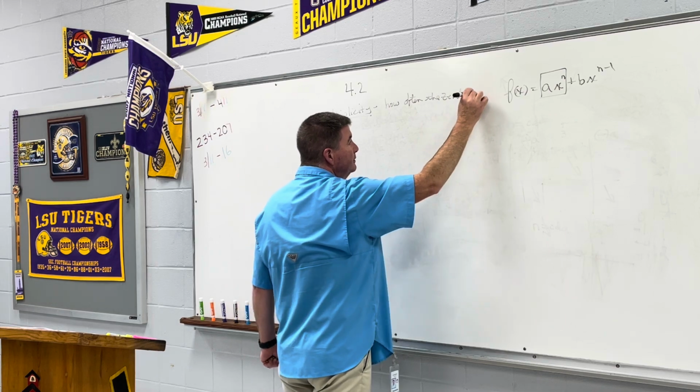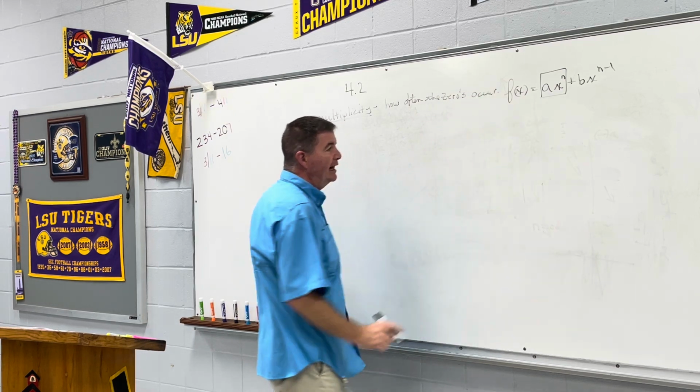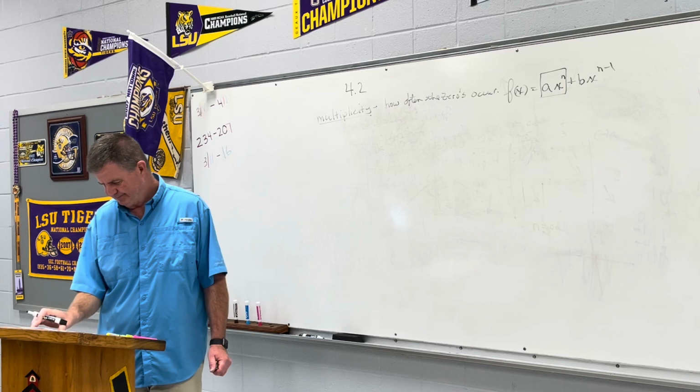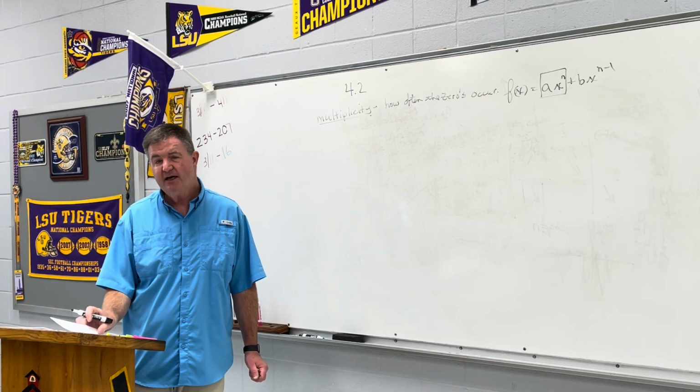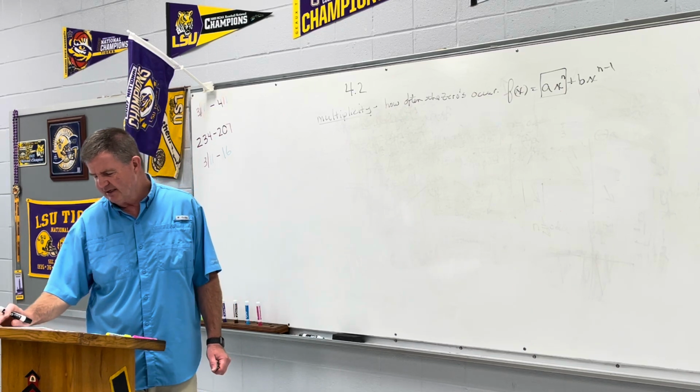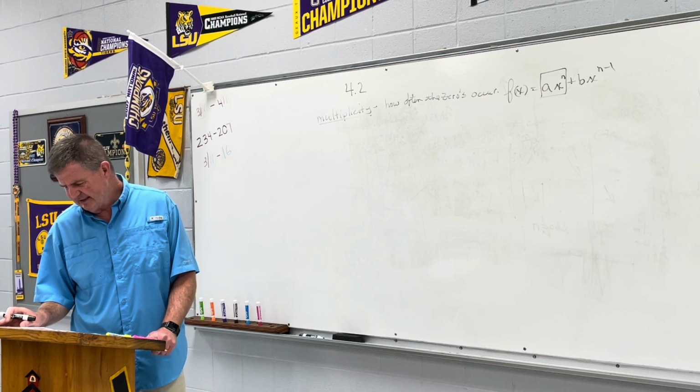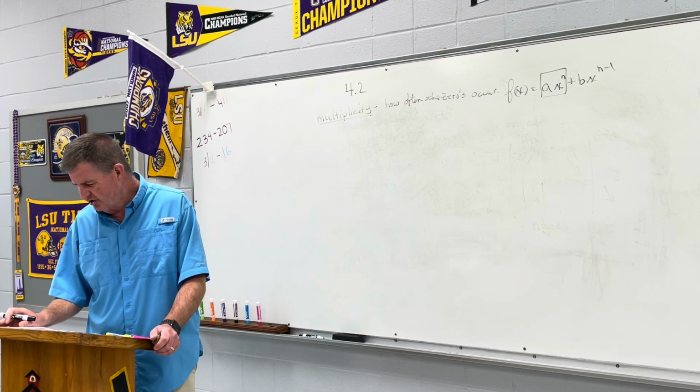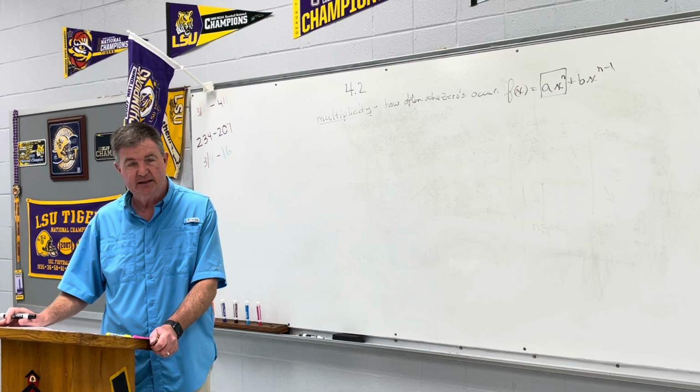How often the zeros occur. It's going to be a number, but that number is going to tell us something. So it says, find the zeros of the function and determine its multiplicity.